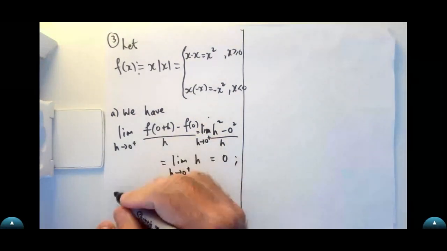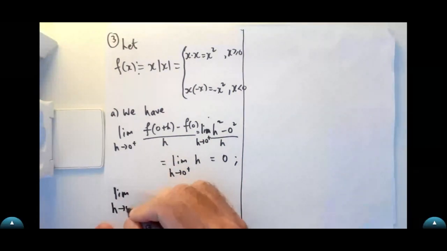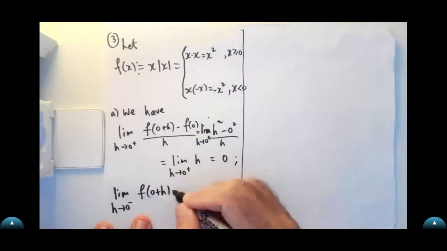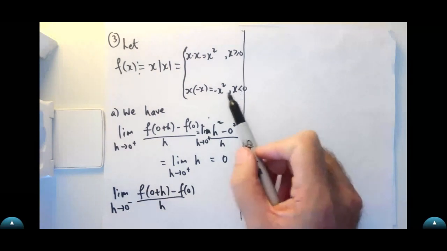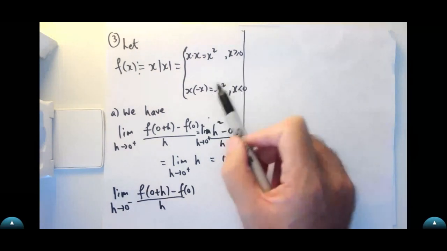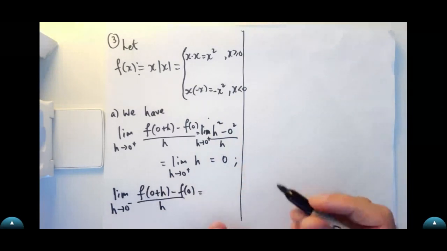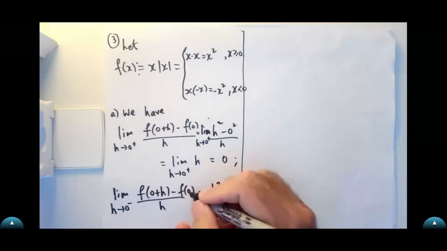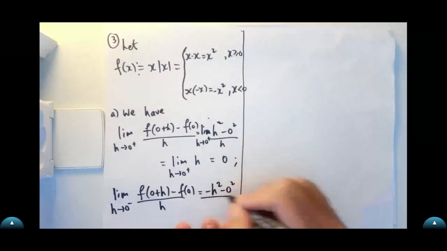So let's do the left-hand limit. It's going to be very similar. So all we need to do now is realize that here we're going to be to the left of 0. So this is going to be my function for the first part, minus f of 0, which is going to be 0 squared.